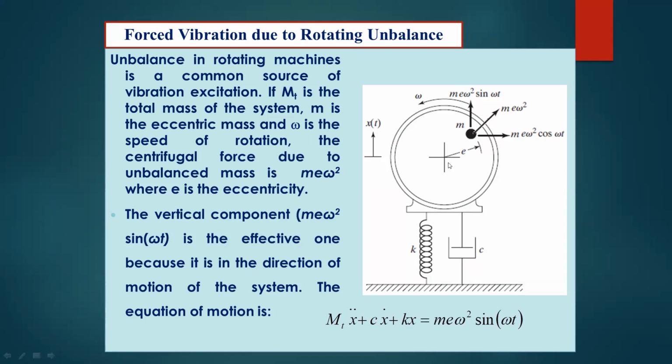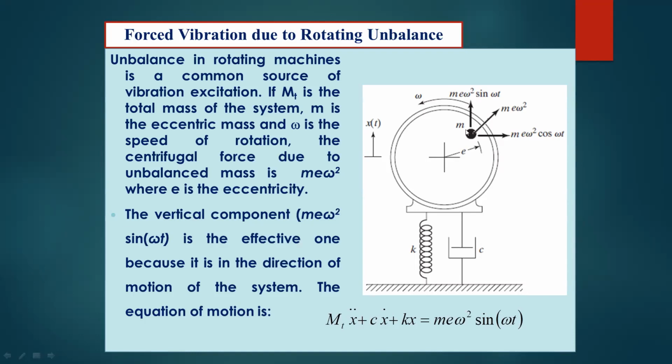In a clothes washing machine, which provides rotary motion, if there is some small eccentric mass in the structure, that is one of the sources of vibration. Okay, so rotating unbalance is a source of vibration.